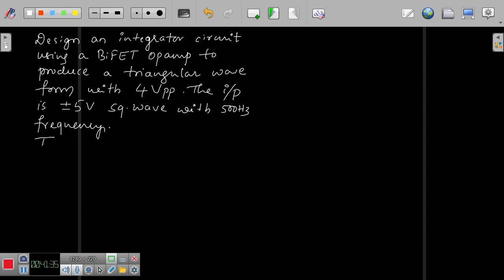Take IB max equal to 4000 nanoampere. Design an integrator circuit using BiFET op-amp to produce a triangular waveform with 4 volts peak to peak. The input is plus or minus 5 volt square wave with 500 hertz frequency.